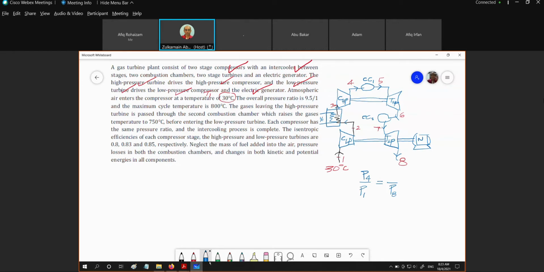So this should be our P5. And this is 9.5/1. Okay. And then the maximum cycle temperature 800 should be at T5. This is T5 maximum.